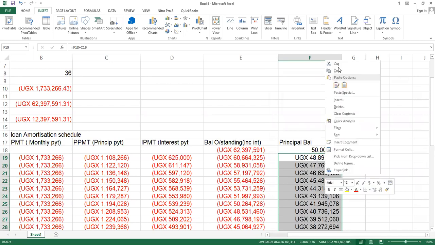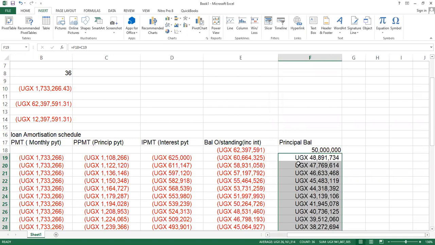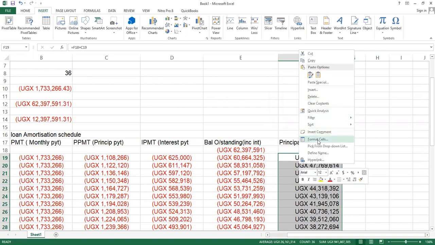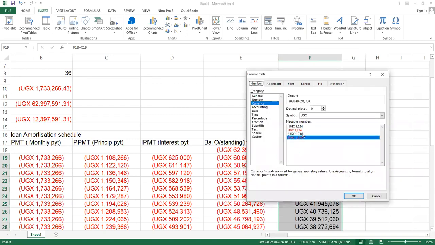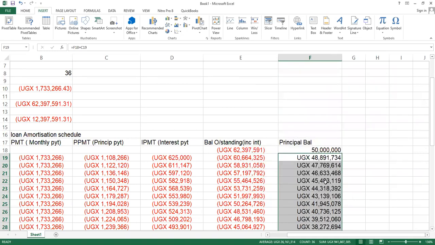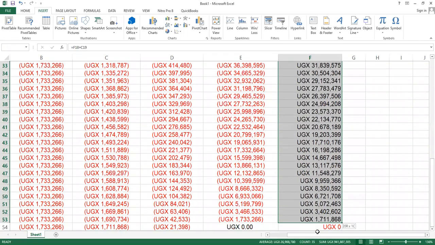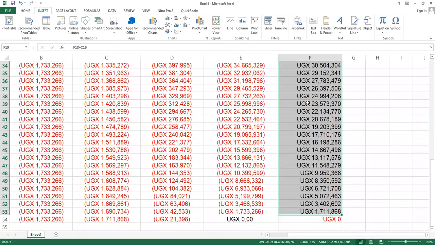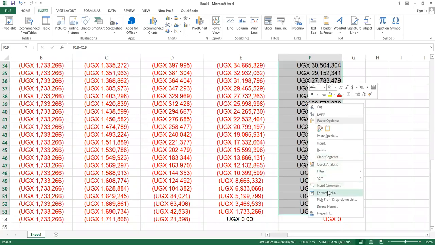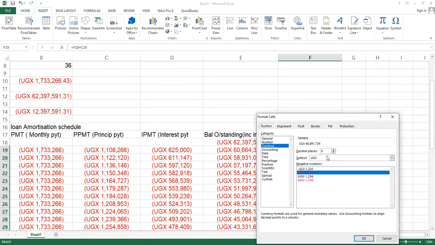If you want them to appear the same, you can format them. Okay, I think that's perfect.